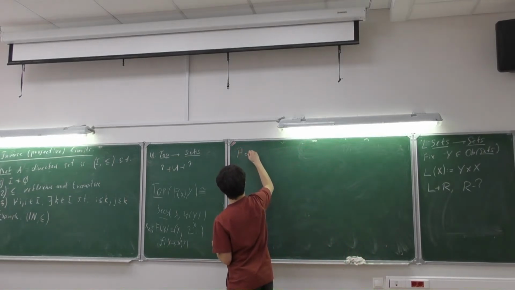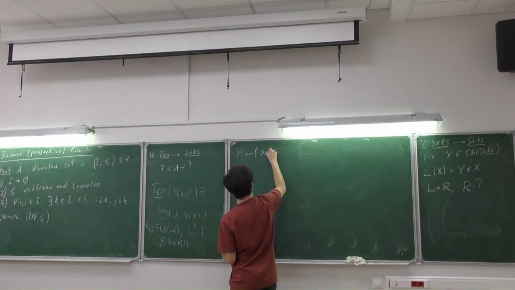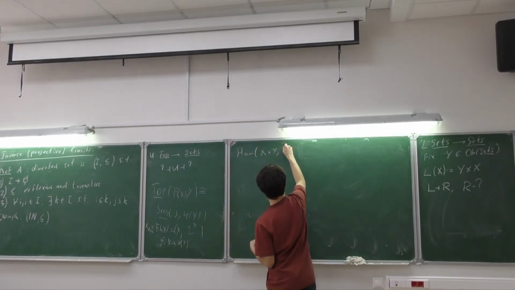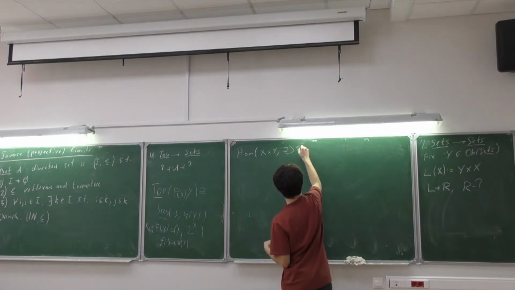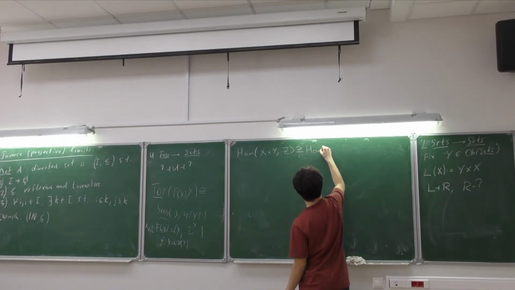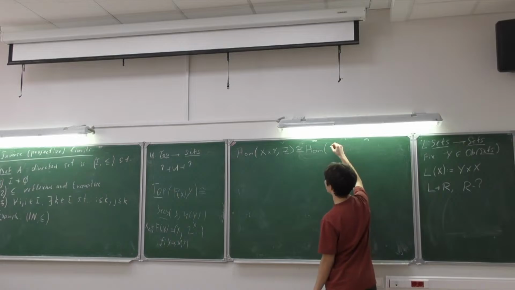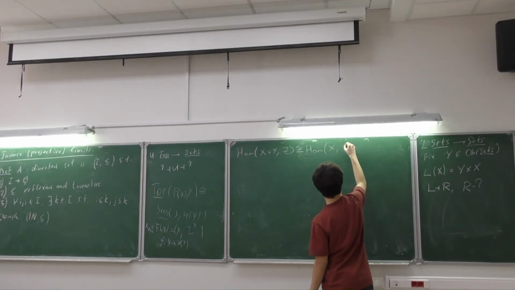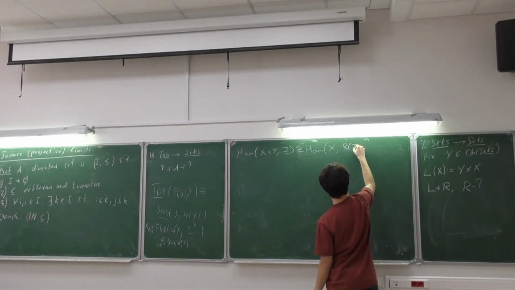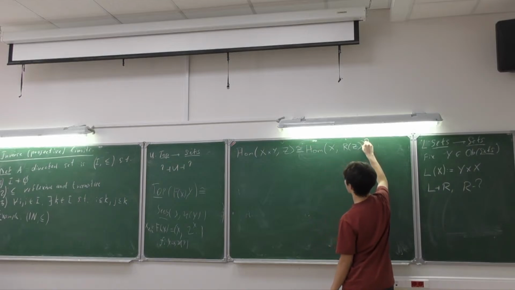Okay, we need such an isomorphism between the product of two sets, and here we have maps between x and some functor from z.